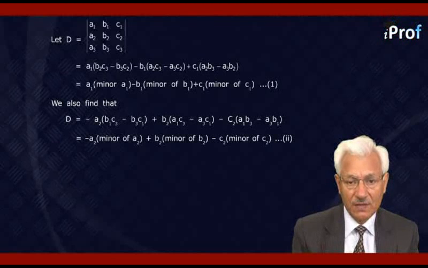This is the second expansion, usually called the expansion of D in terms of the second row.